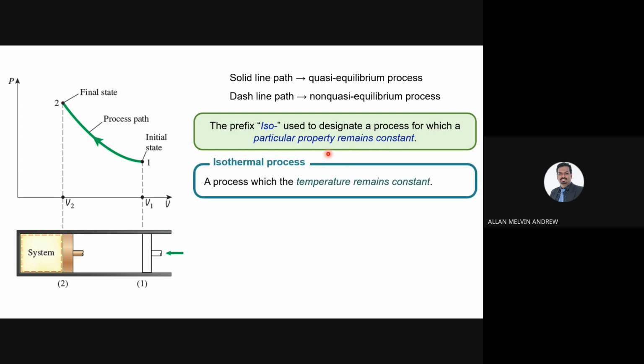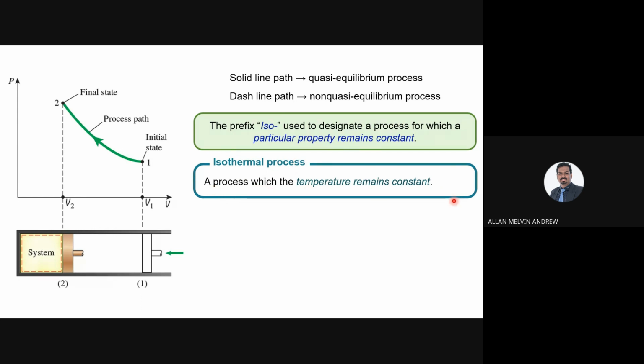For example, isothermal. If in an exam question the condition is isothermal, you need to understand automatically that it is a process in which the temperature remains constant, because iso is balance and thermal is related to temperature.